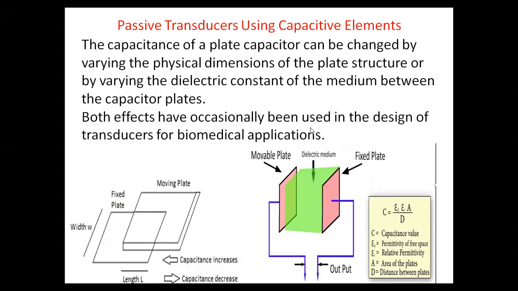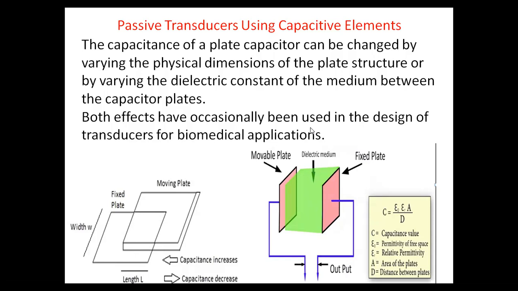So the transducers which are constructed based upon the circuit elements, that is passive circuit elements: resistor, capacitor, inductor. And we can also consider the active circuit elements like vacuum tubes and transistors.